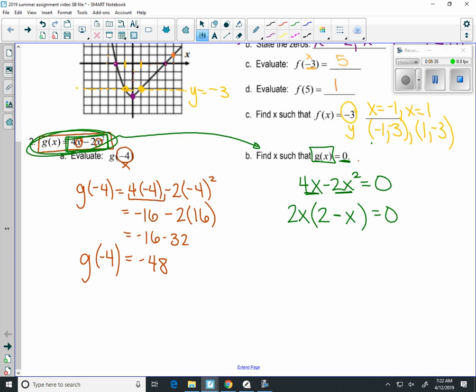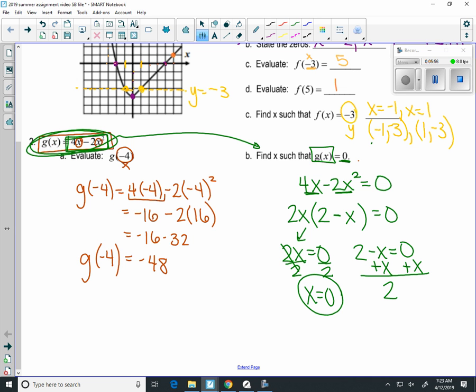And there's subtraction between. Now we can set both of those equal to 0 and solve. For my first little baby equation here, I have x equals 0. From my next little baby equation over here, I have x equals 2.